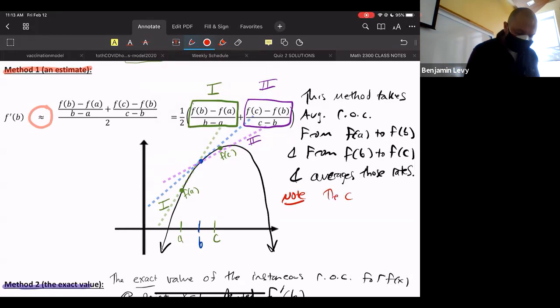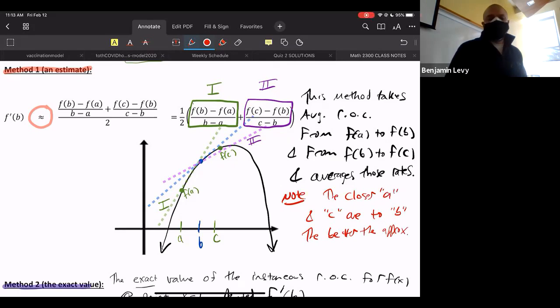So the closer A and C are to B, the better the approximation. I'll just note too that you want to do an equal interval on either side. Maybe that's obvious, but you don't want to do 2 away from it on one side and only 1 away from it on the other side, because that's going to be a little wonky.